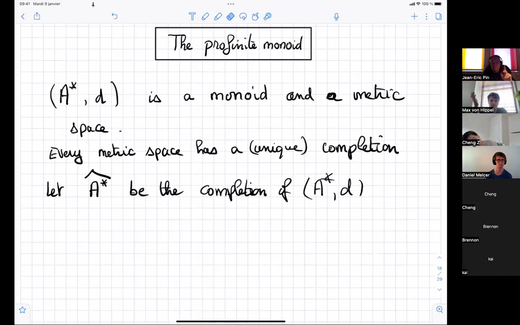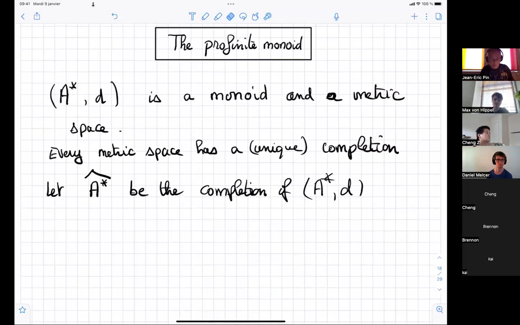I mean, infinite sequences of letters. Not really. That's the first problem. It's not an infinite sequence of letters. They are just the abstract limits of Cauchy sequences. But I will give you one example of a convergent sequence, which converges to some element, in a minute. But it's counterintuitive. It has nothing to do with infinite words. It's really different. That's the first point.